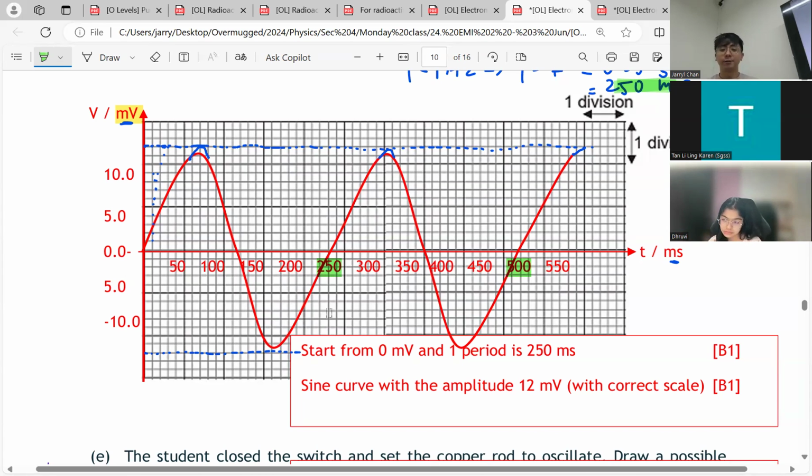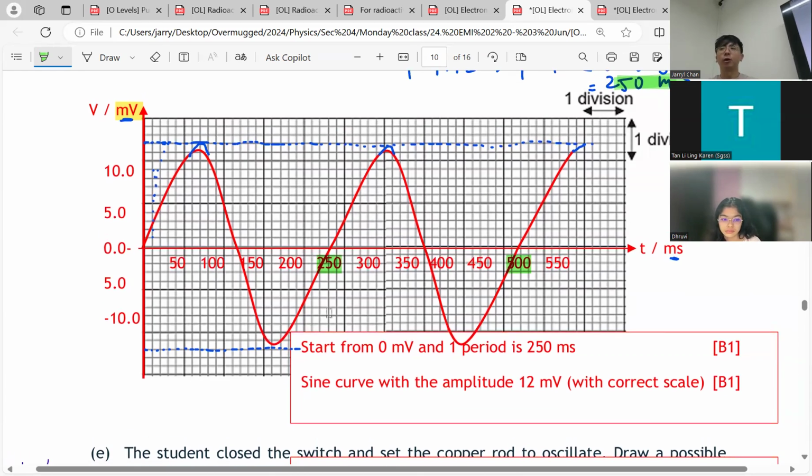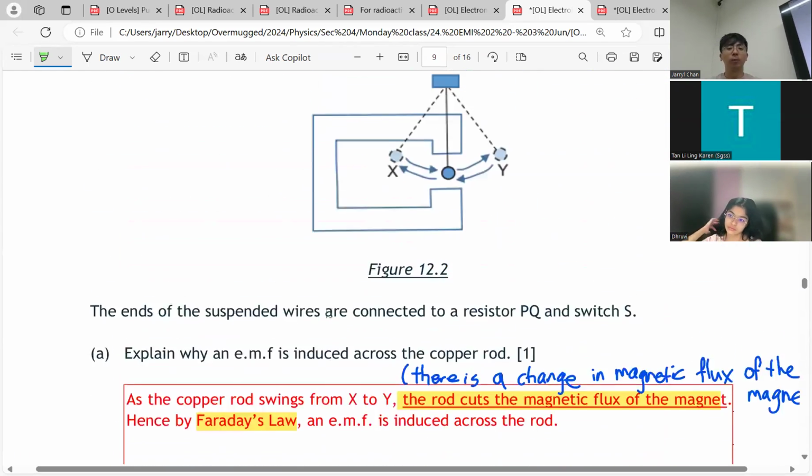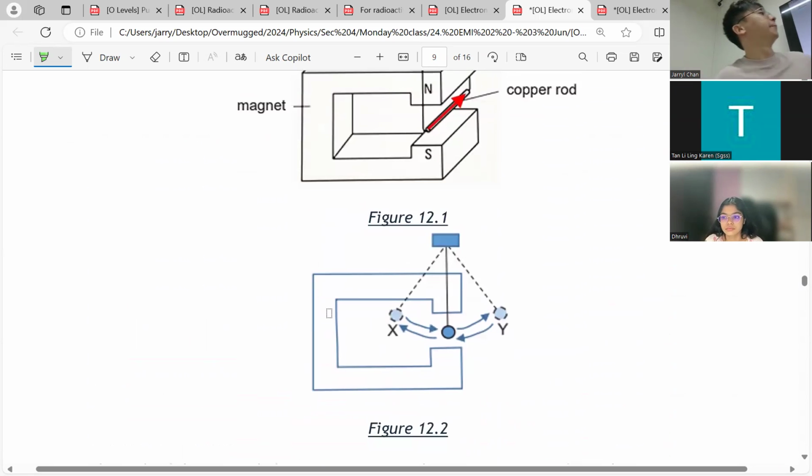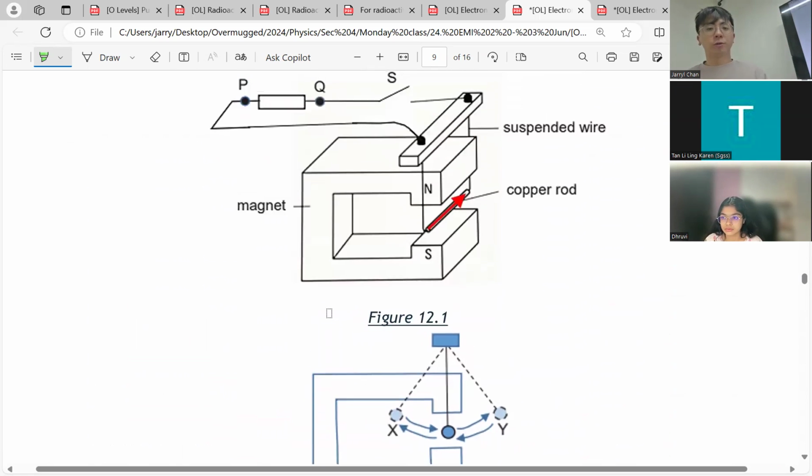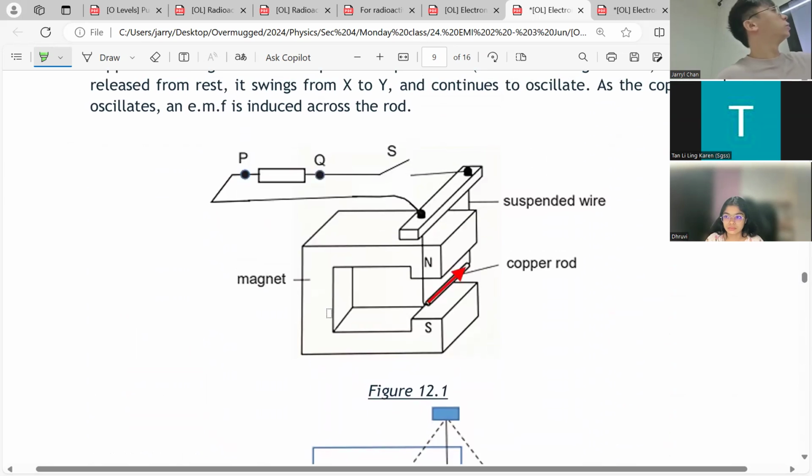Okay, and this question is pretty interesting. Setting the copper rod to oscillate is normally supposed to oscillate normally. But now I close the switch. What happens when I close the switch? I complete the circuit. Current can consistently flow through the copper rod.